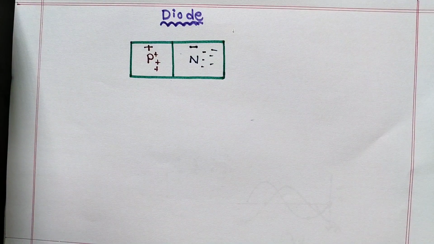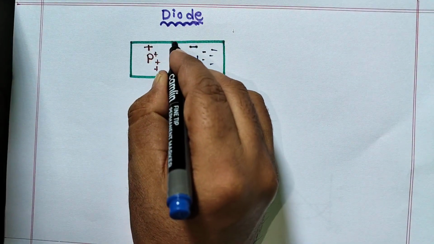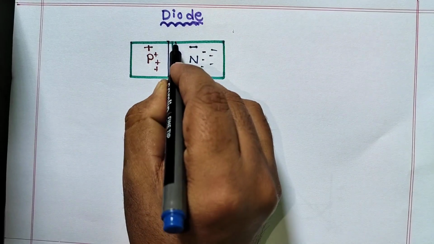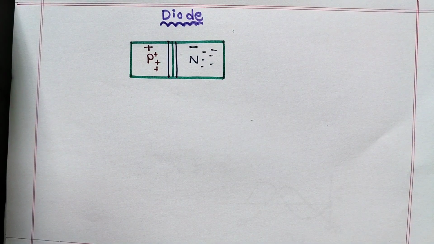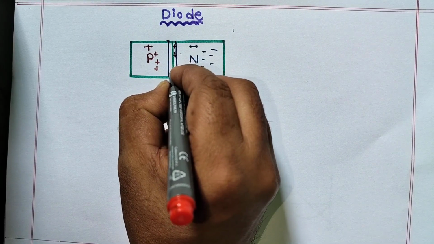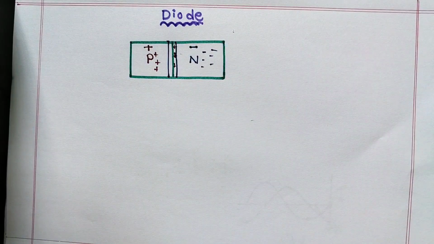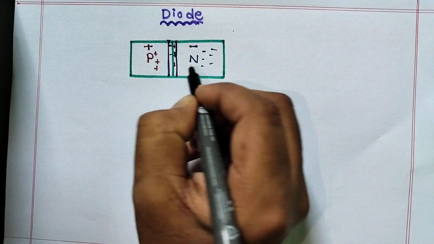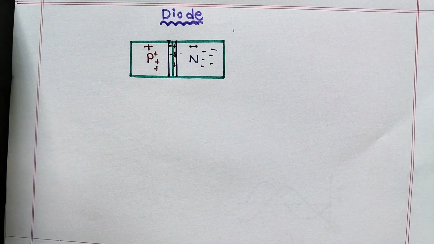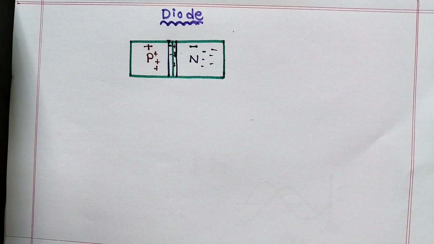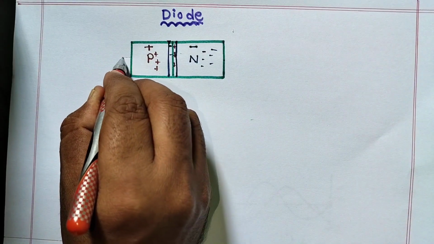Normally if you make a junction, it will form a depletion layer: the positive charge is attracted by the negative, and here on the negative side as well, making a depletion layer. For that reason it will block the flow of current completely, because there is no potential to move across. Suppose I connect an external supply.